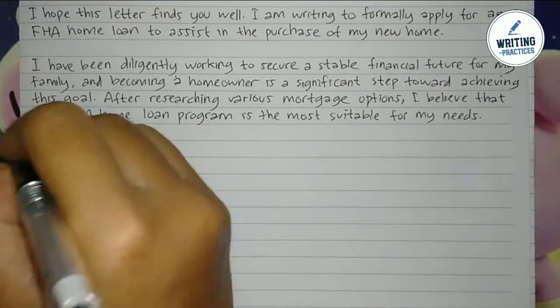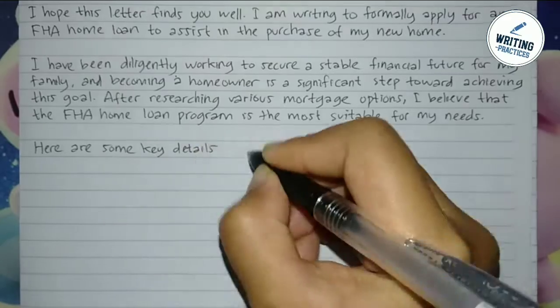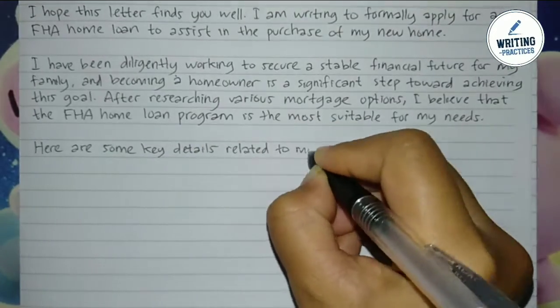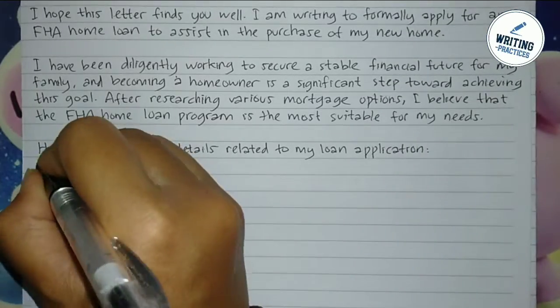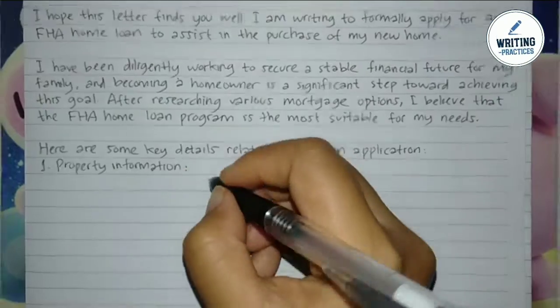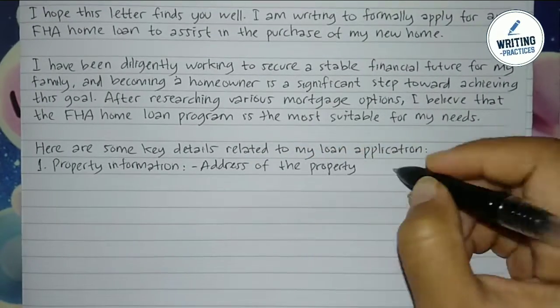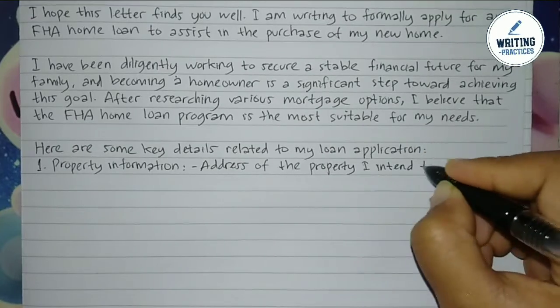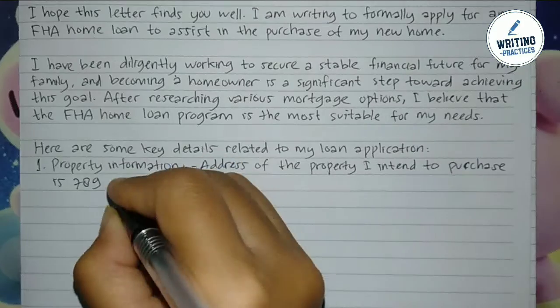In the third paragraph, this is where you give all details about the property information. If you see, the applicant provides essential details about the property they intend to purchase. And this includes the property's address, purchase price, estimated down payment, and its type. And you can check this sample. "Here are some key details related to my loan application. 1.